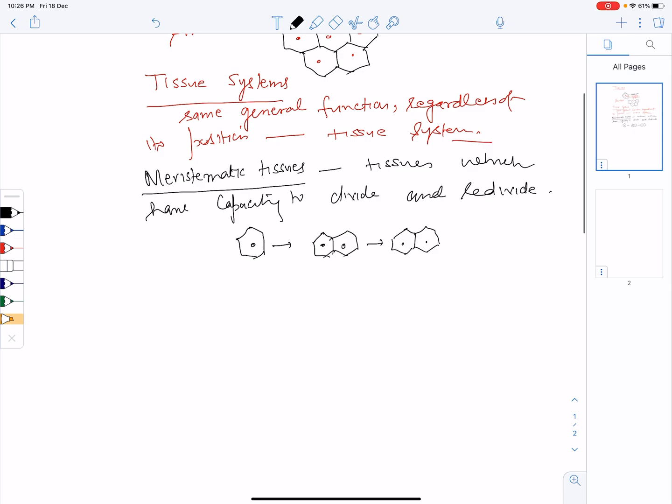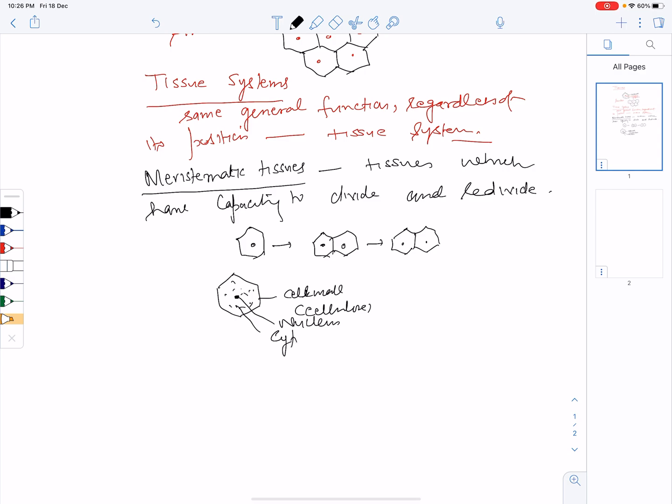Meristematic cell is bounded by again a thin wall made up of cellulose, nucleus, cytoplasm, and it may have tiny vacuoles in it.